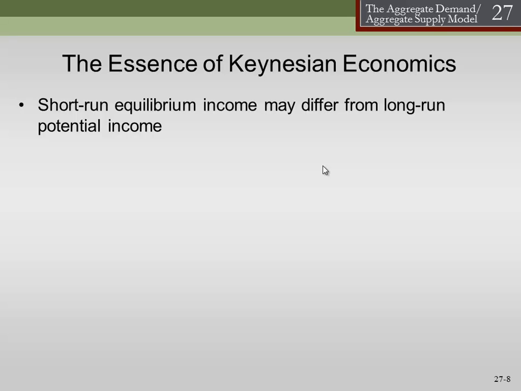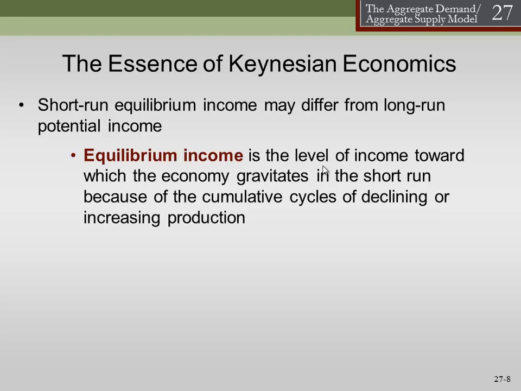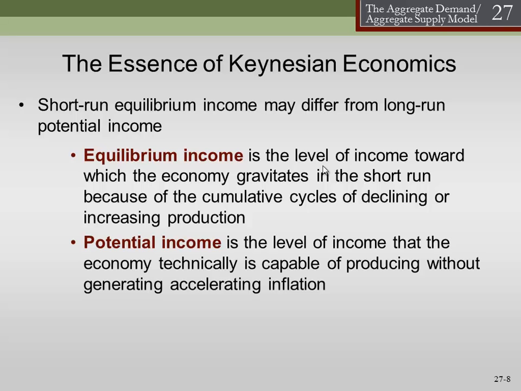So short-run equilibrium income may differ from long-run potential income, which is very true. We're going to show this in a model in just a minute. Defining this, equilibrium income is the level of income towards which the economy gravitates in the short run, because of the cumulative cycles of declining or increasing production.